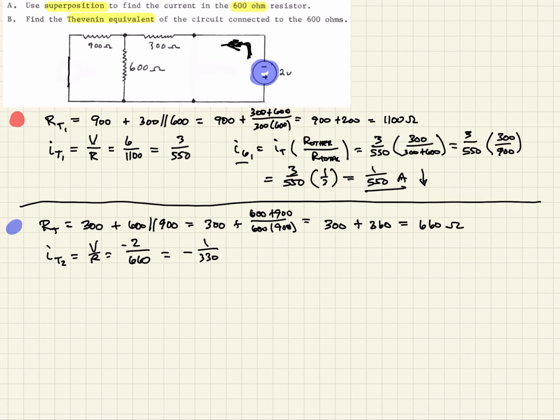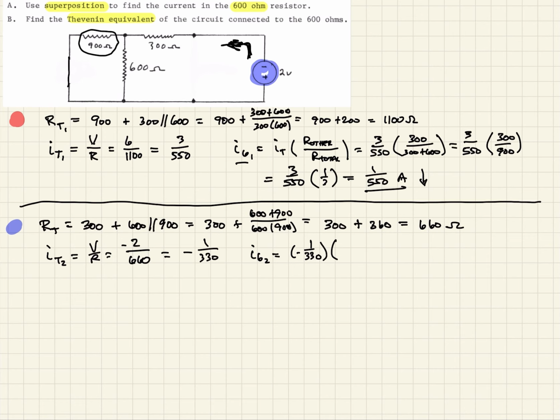So now we can find our current through the 600 ohm from the second source, same as before, applying the principle of current division. We already know we have a minus 1 over 330, and the other resistor that we're not interested in is the 900 ohm.